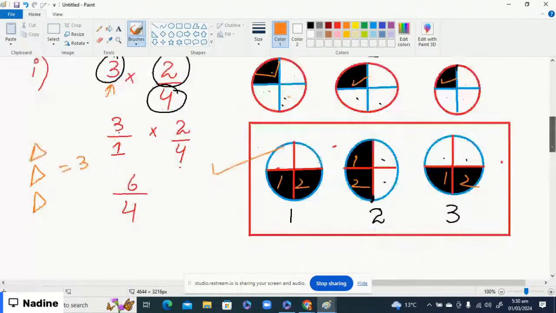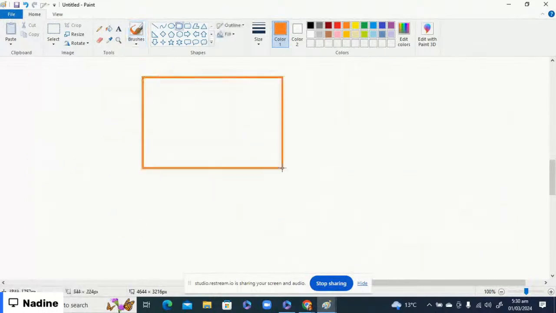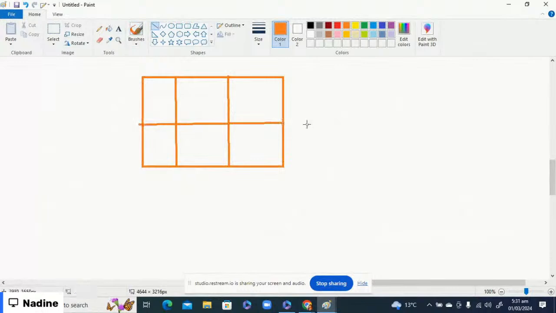All right, let me draw one shape here and then explain it again. This should be divided into parts, like for example here. Okay, and I'm just going to color this one, and this one.